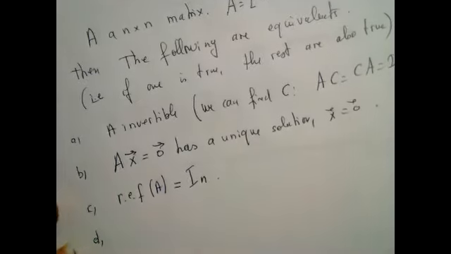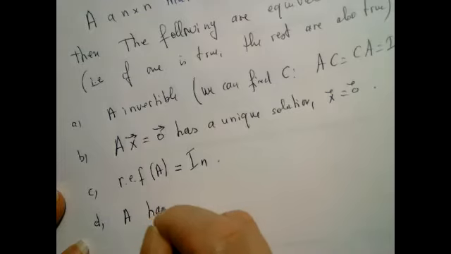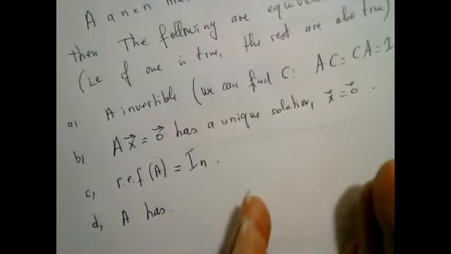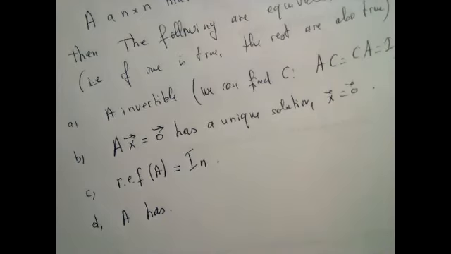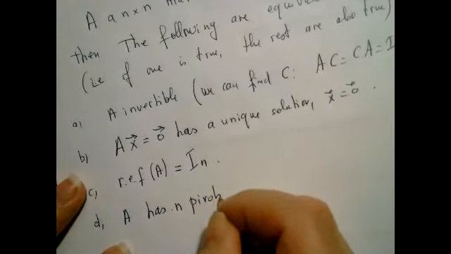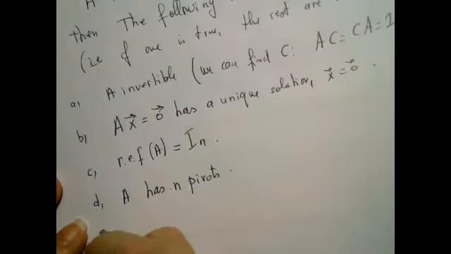How many leading entries will A have? How many pivots? When you reduce the matrix, how many leading entries do you get? It means A has n leading entries, or n pivots. All right.